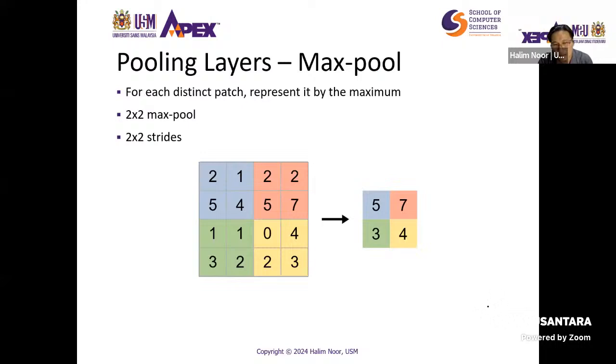Maximum pooling is calculated by determining the maximum value, and that will be the output of the pooling operation. Before that, there are two parameters for the pooling layer.